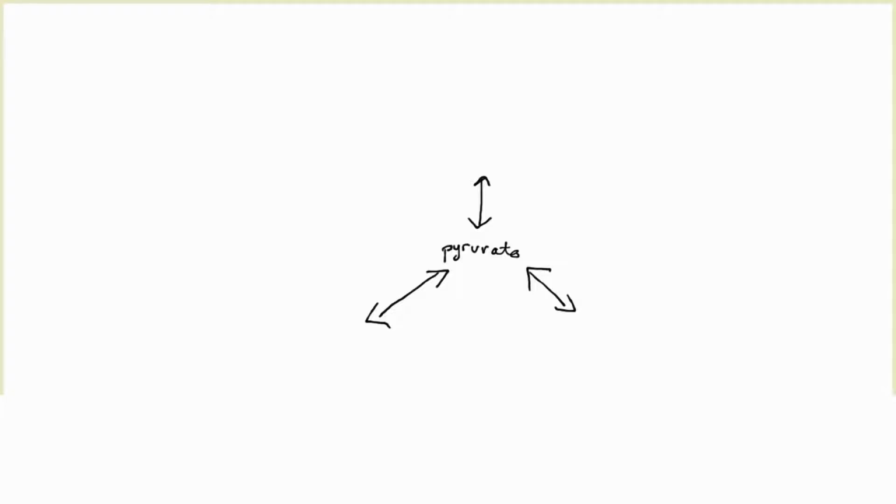Starting from the left, I want you to write alanine. And on the top, I want you to write glucose. And on the bottom right here, I want you to write lactate.